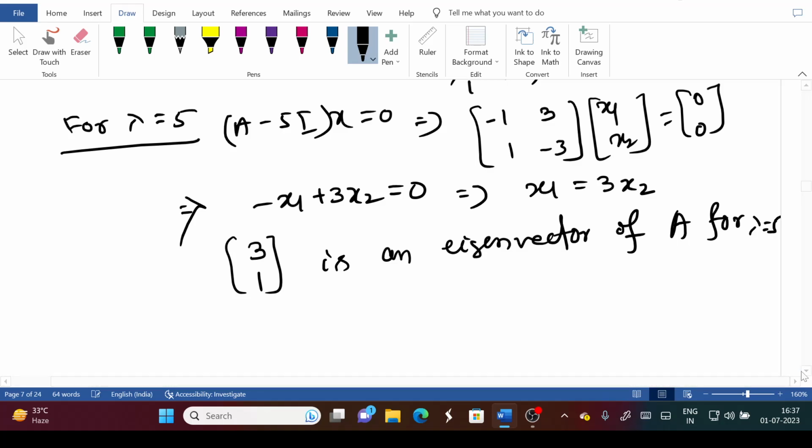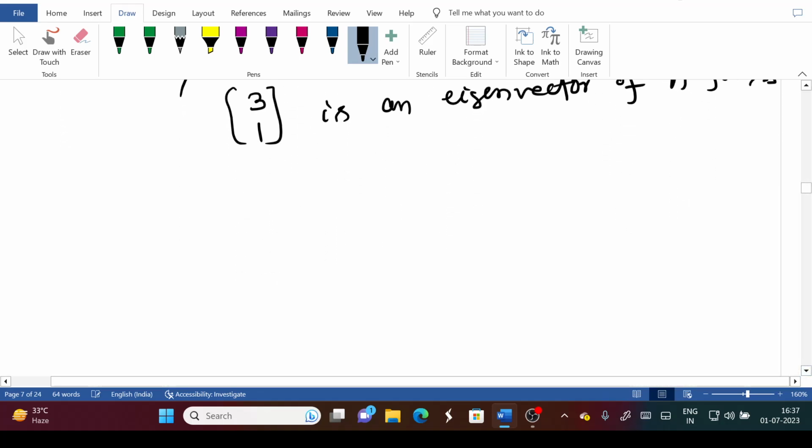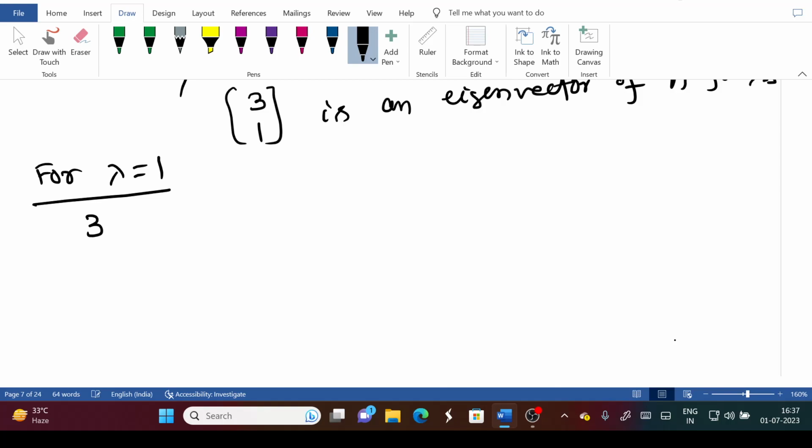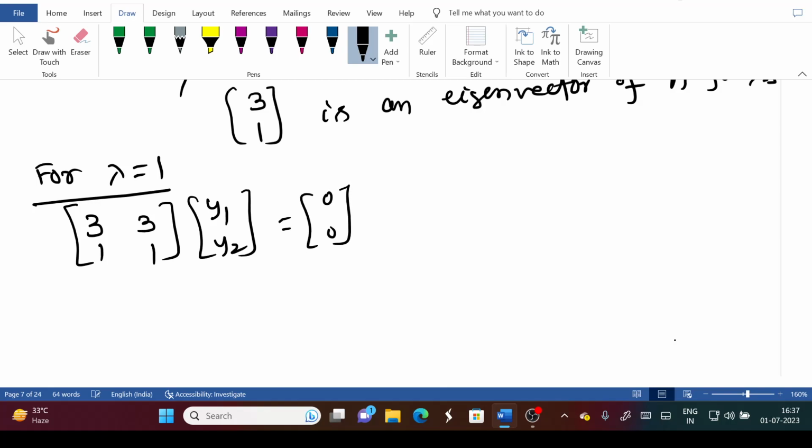Then we have to find out for lambda is equal to 1. For lambda is equal to 1, how much is it? Directly let me write [3, 3; 1, 1], just 1 is subtracted from the diagonal elements, into [y1, y2] is equal to [0, 0]. So how much are we getting?